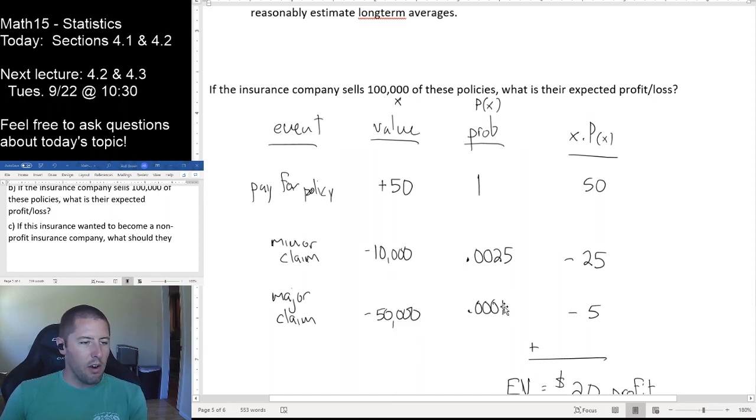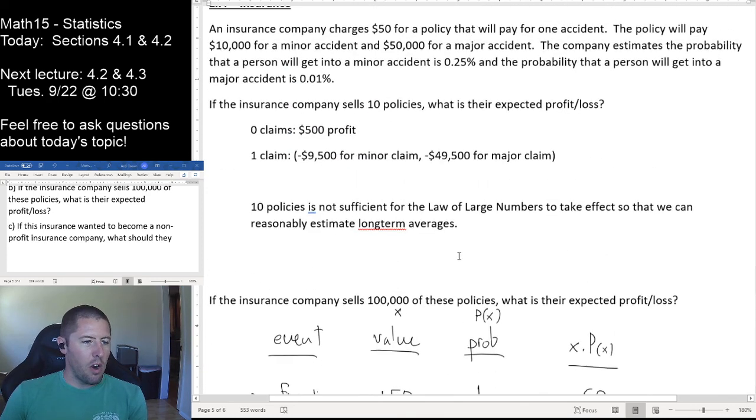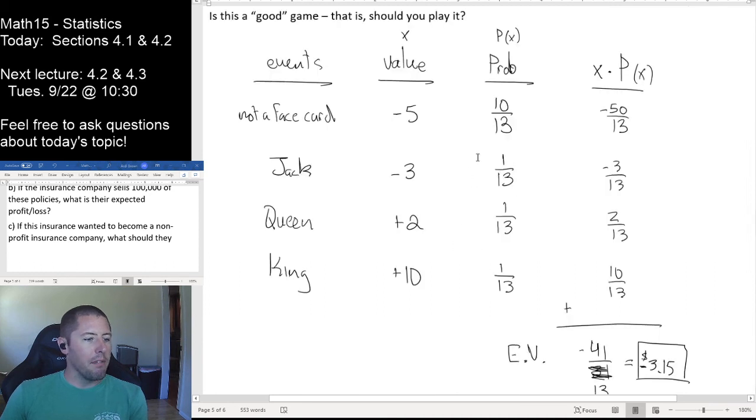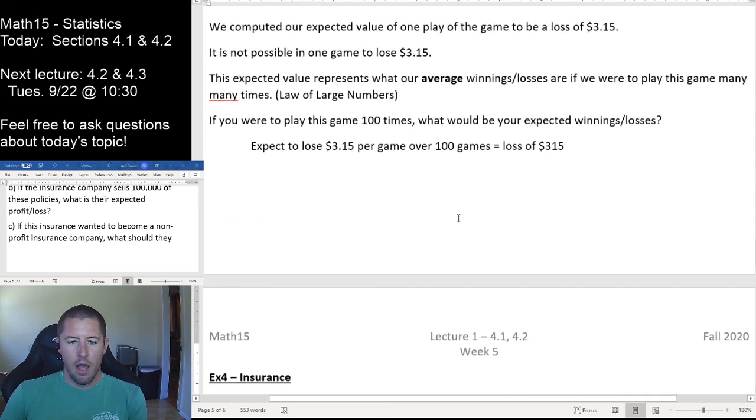That's a really rare event collectively. I know one person who's made an insurance claim this big in their life, right? So a lot of insurance deals with tiny, tiny probabilities, whereas lots of gambling scenarios deal with more middle of the road probabilities that are less extreme than this one right here.